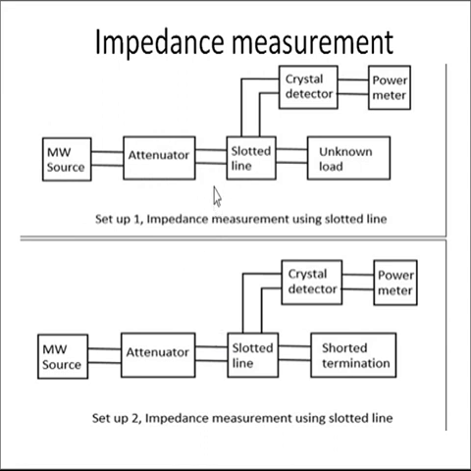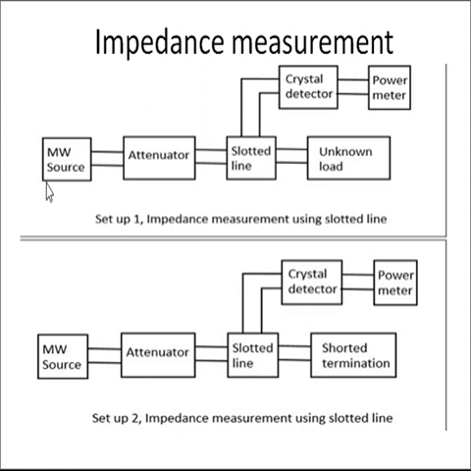First we are going to know whether the unknown impedance is resistive, inductive or capacitive in nature, and then by using the Smith chart we can know the value of the unknown impedance. So let us first see the components in setup 1.